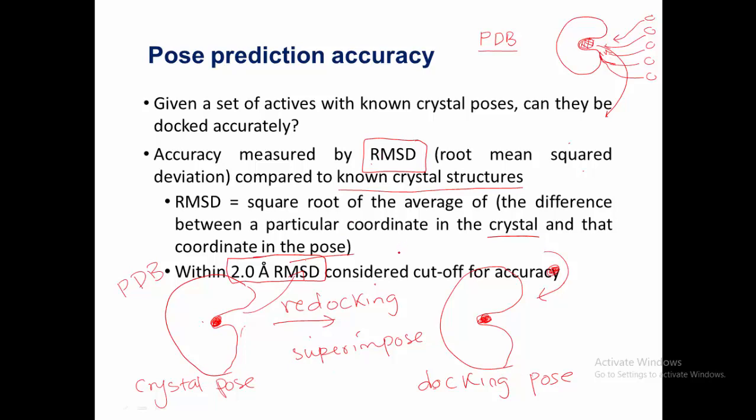If you get a value less than 2, that means you have good docking. Now I will perform this using MOE software. I will show you how to do this, and I will stop this video or this lecture at this point, and then I will continue again. So now let me do this practically.